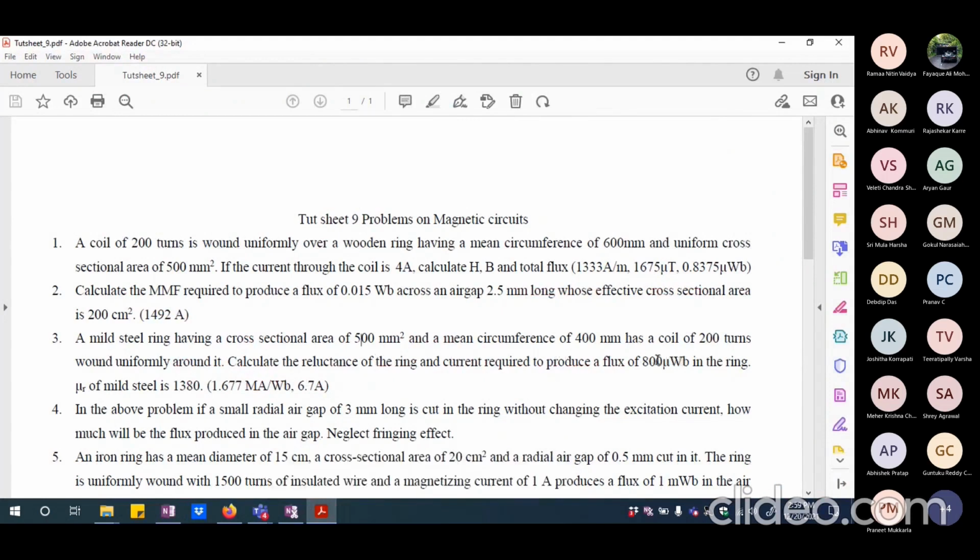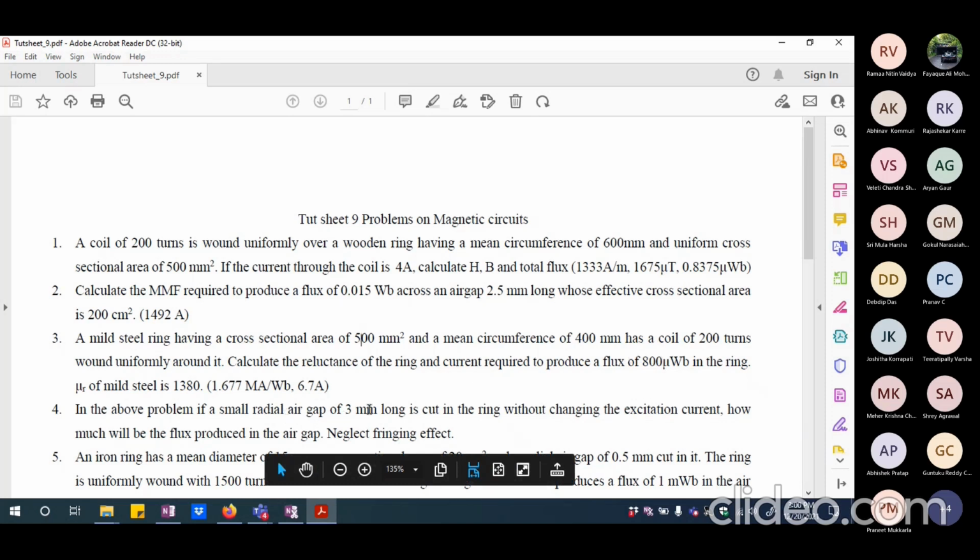From 800 microweber, it has decreased to 0.7 some microweber, which means it has had quite a bit of reduction. So this is coming out to be almost 100th, right? Or more than that. So it is having really a large amount of reduction in the flux.